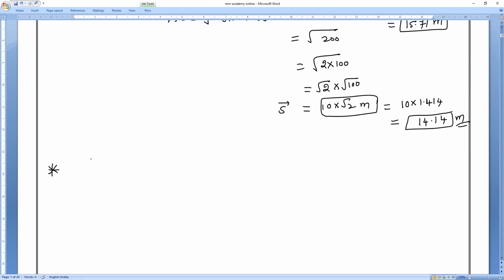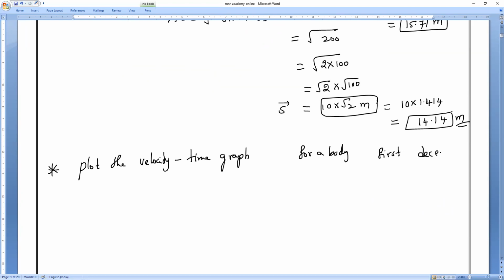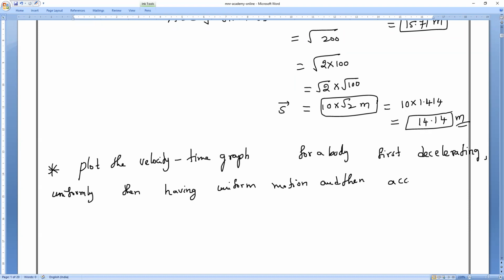Plot the velocity time graph for a body that is first deaccelerating uniformly, be very careful, then having uniform motion, and then accelerating motion.